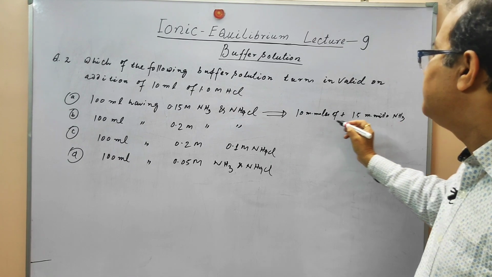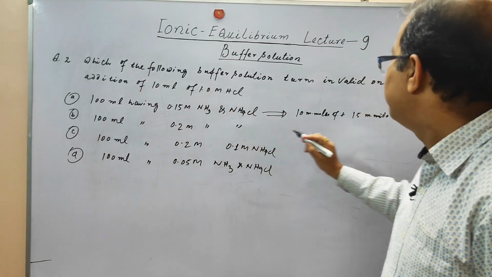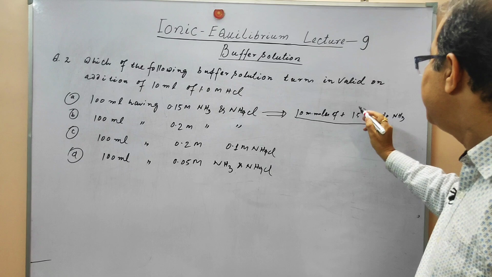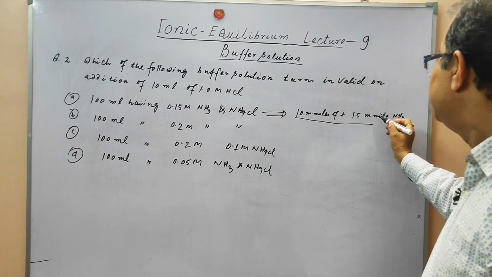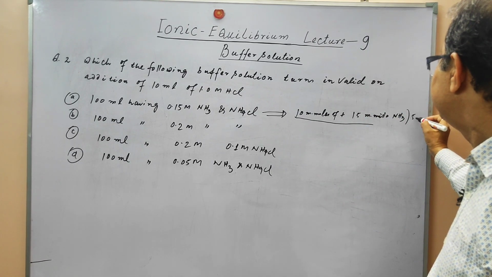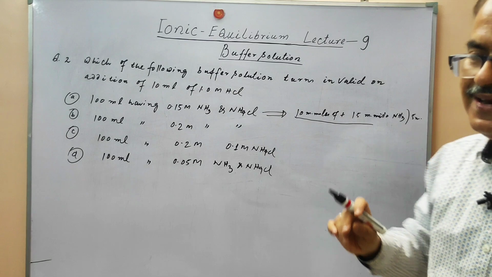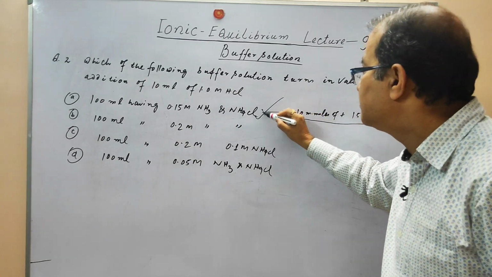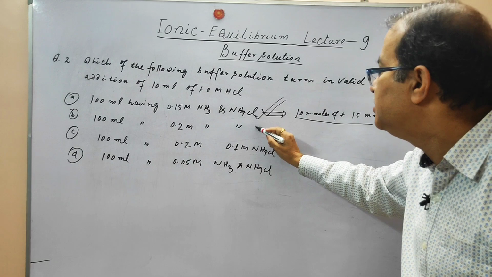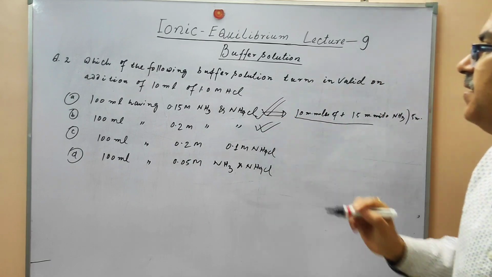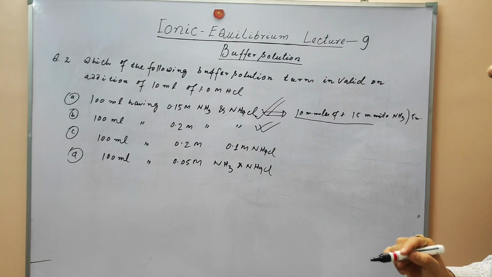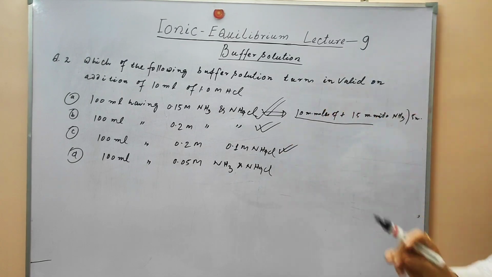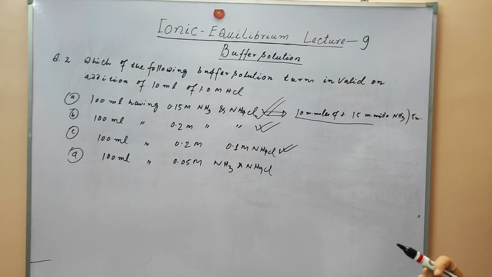So 10 millimoles neutralized 10 millimoles of NH3, so there is an excess of 5 millimoles of NH3 after neutralization. So it will remain as a buffer solution. Similarly, we will see this also will remain as a buffer solution.